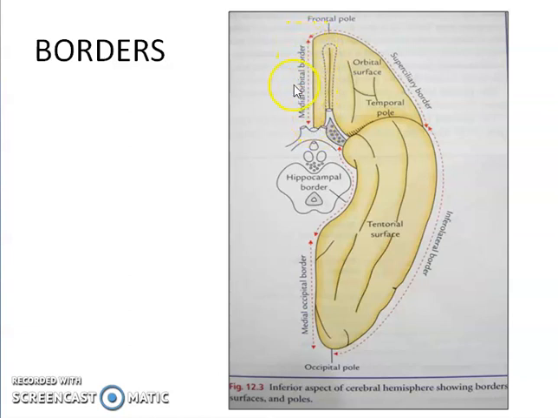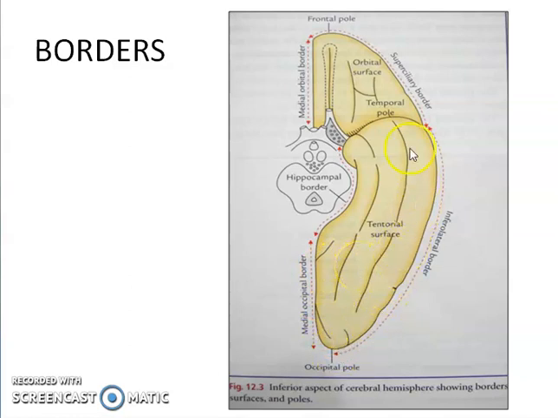Now, which surfaces are differentiated by these borders? The medial orbital border separates the medial surface from the orbital surface. The hippocampal border is also called the inferior medial border. It is formed by the medial aspect of the uncus and parahippocampal gyrus. The medial occipital border separates the medial surface from the tentorial surface.